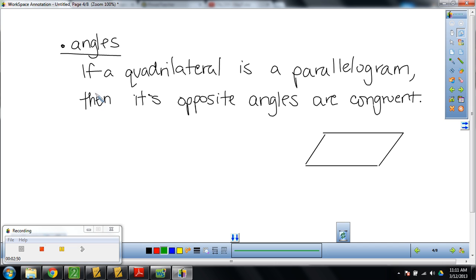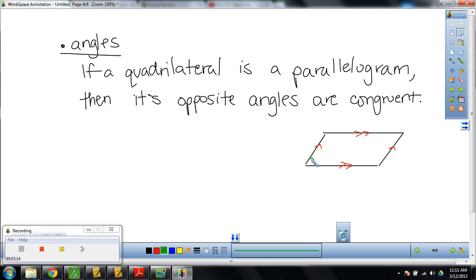We have properties of angles. If a quadrilateral is a parallelogram, then its opposite angles are congruent. Just like we had opposite sides, we also have opposite angles. So again, if we are told that it's a parallelogram, we know that the opposite sides are parallel, then we can also assume that the opposite angles are congruent.